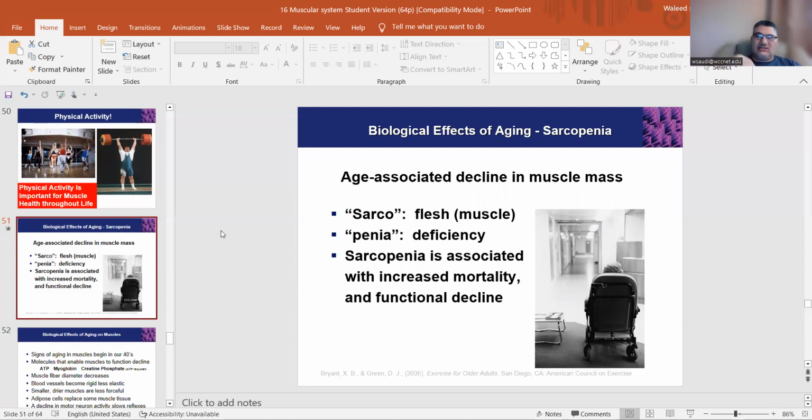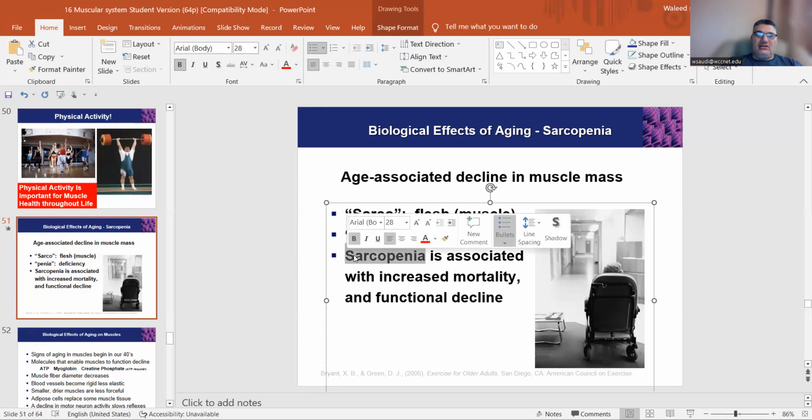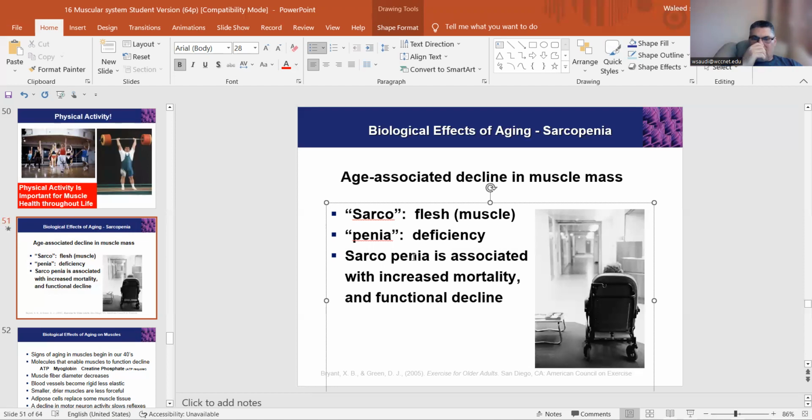Muscle size, less, and so on. So when you say something like sarcopenia, sarco means muscle, and penia means weak. Sarcopenia, the muscles become weak. Both strength and force, this is one, plus the mass. If you notice older people, their muscles are not as big and as strong as younger people.